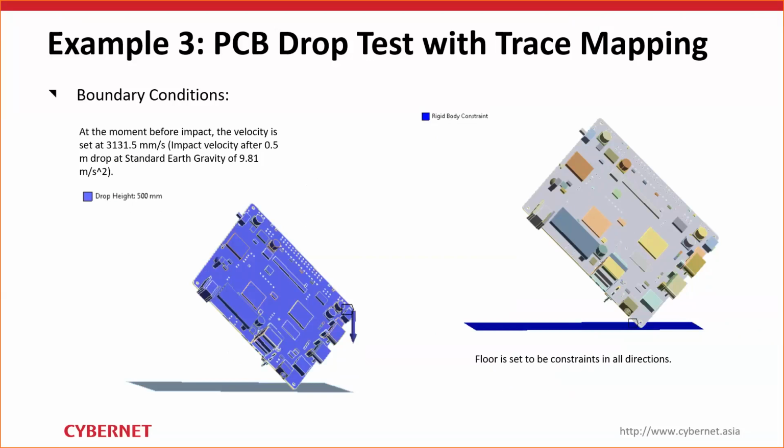Impact velocity means the velocity moment before touching the floor. So the impact velocity is given as 3,131.5 meter per second, or about 3.13 meter per second. And then the floor will naturally be constrained in all directions. So we apply a constraint for our floor right there.